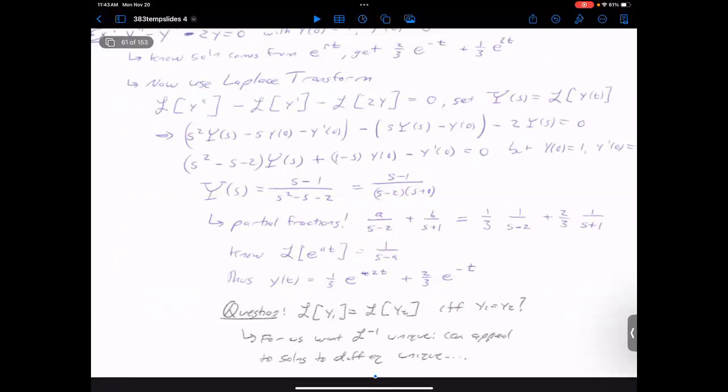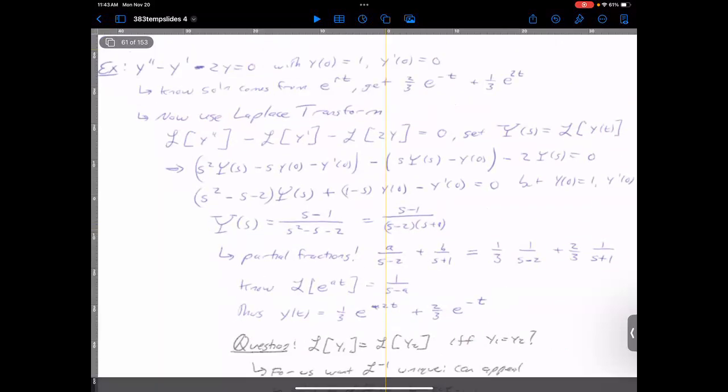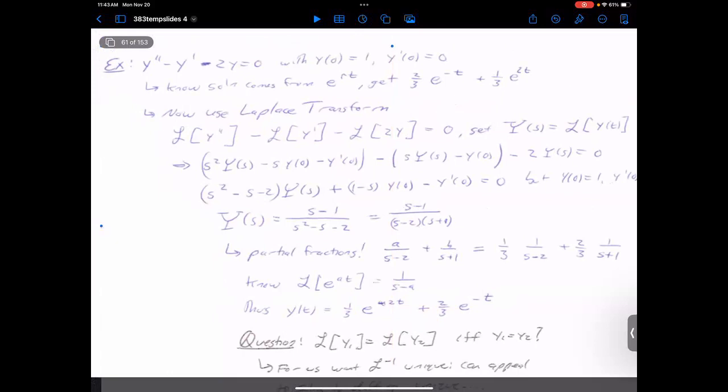I keep showing page 61 of 153. In the upper left, it says y double prime minus y minus y prime minus 2y equals 0, with initial conditions y of 0 equals 1, y prime of 0 equals 0.